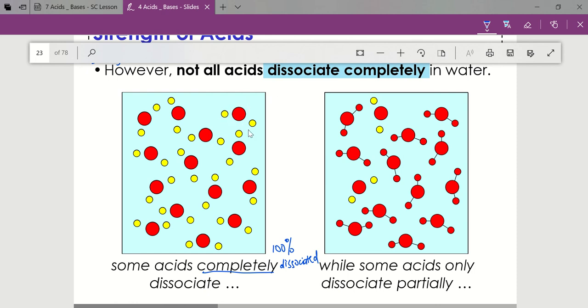Everything has been broken apart, and in this case, we can see that our yellow ones are our H plus ions, and the red one could be our negatively charged ion. When the acid is 100% dissociated, we call this a strong acid.